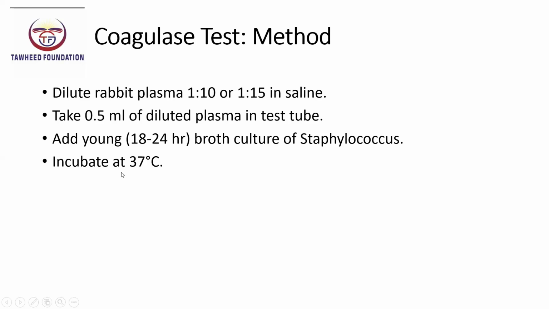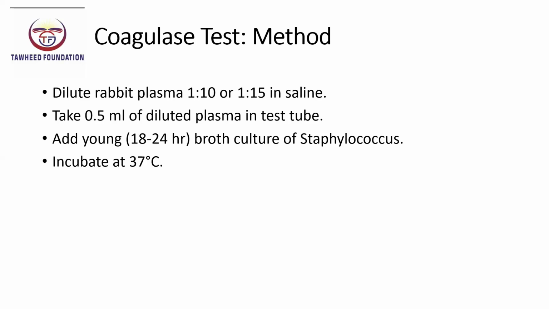Tube coagulase test. Here you dilute plasma with saline, usually at a 1:10 ratio. Add 0.5 ml of diluted plasma to test tubes labeled test, positive control and negative control, and then add 0.1 ml of an overnight broth culture of the test bacterium to the test tube.